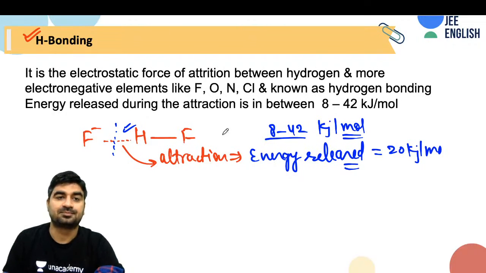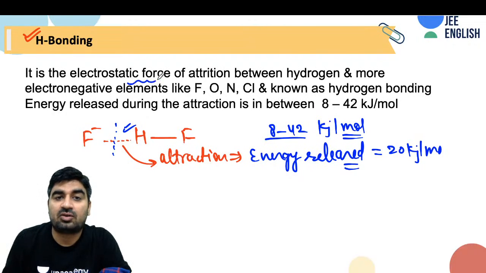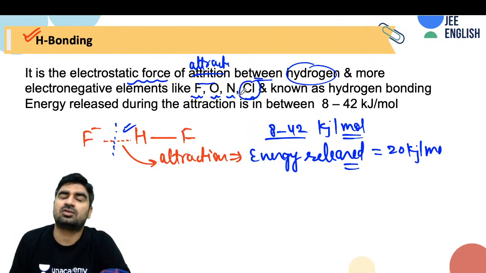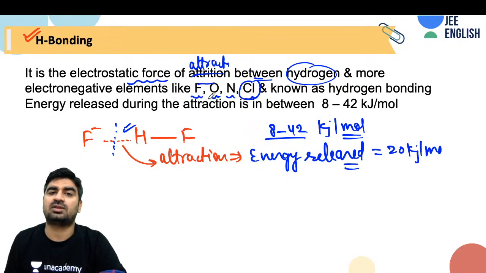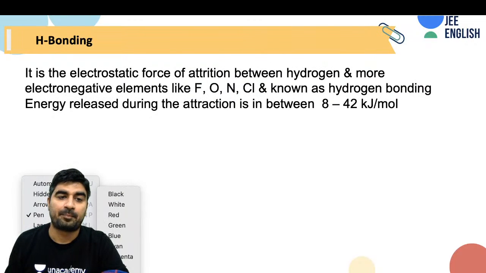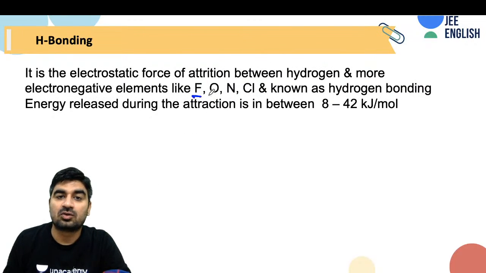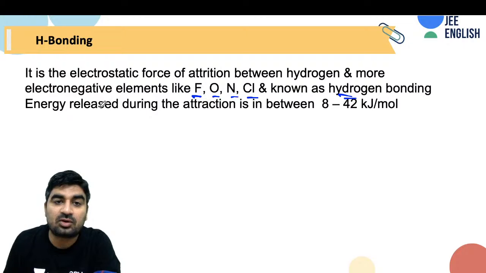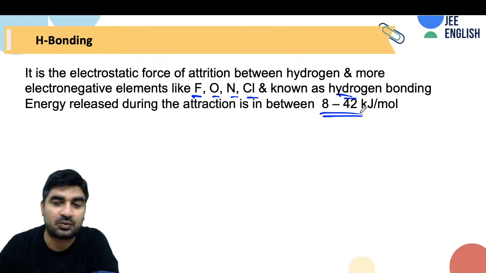What is hydrogen bonding? It is an electrostatic force of attraction between hydrogen and a more electronegative element: fluorine, oxygen, nitrogen and sometimes chlorine. Not always chlorine, normally with three elements: fluorine, oxygen and nitrogen. Got it? This attraction is known as hydrogen bonding, and the energy released is between 8 to 42 kilojoule.